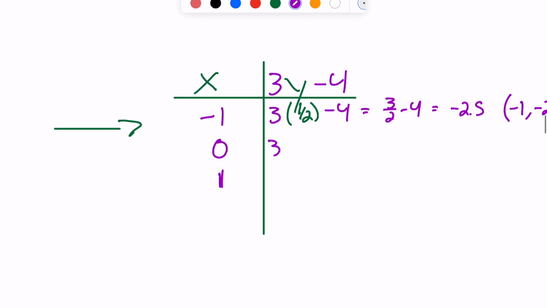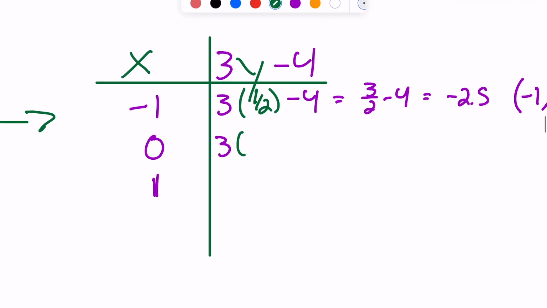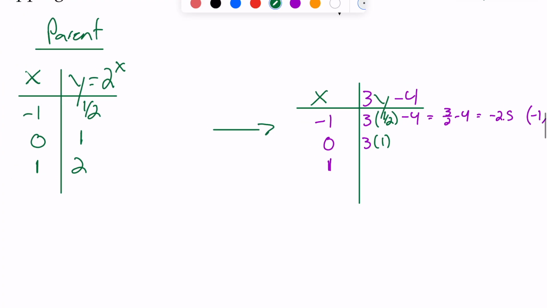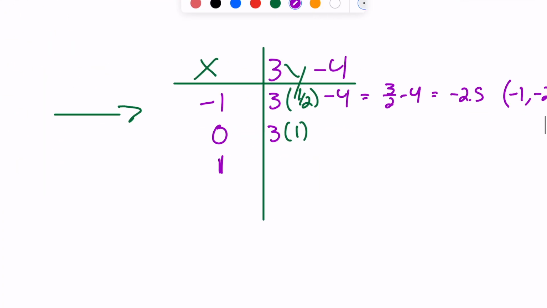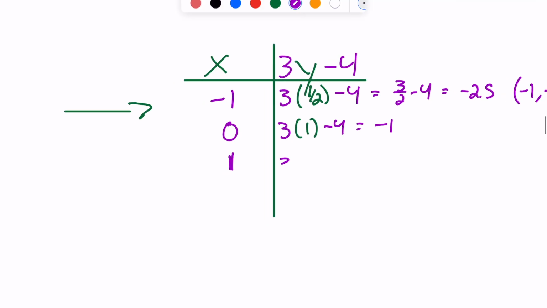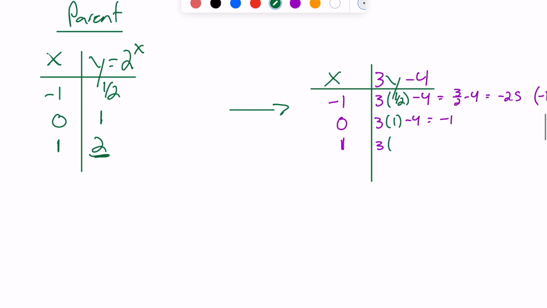Let's do the same for 0. So it's 3 multiplying 1, sorry. All right, because I'm pulling this right here. Subtracting 4. So that's going to give us -1. And then I have 3 multiplying, what was our other y coordinate? 2.